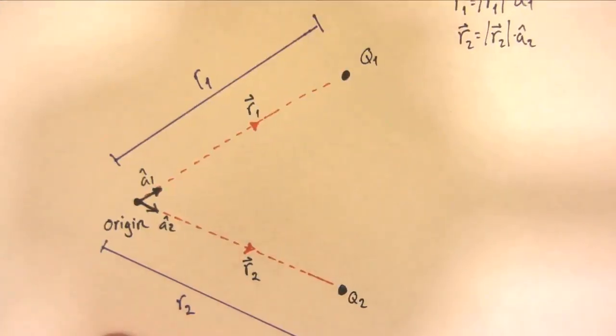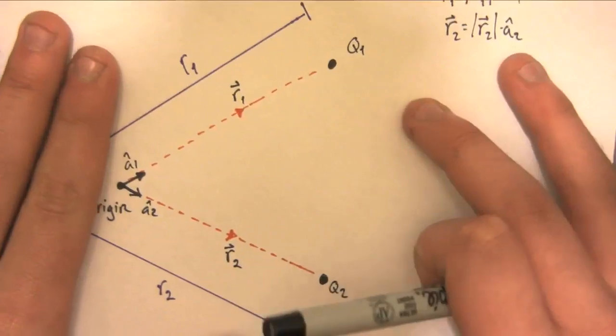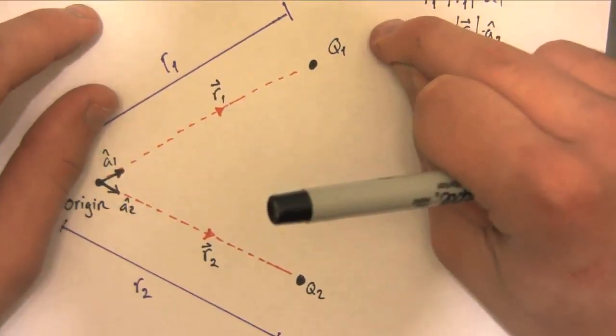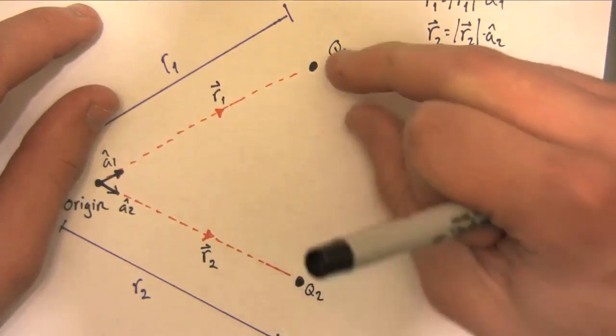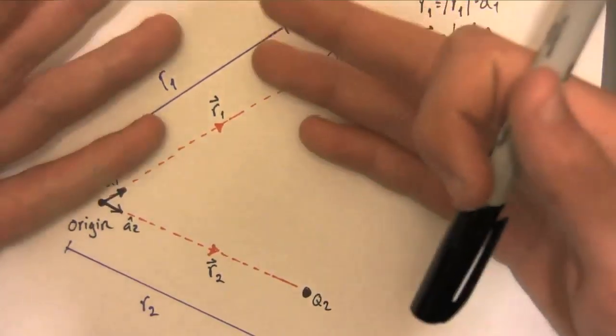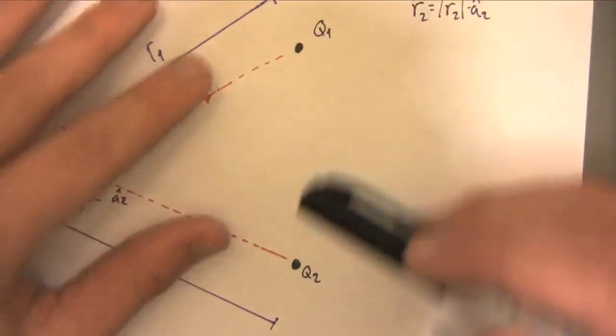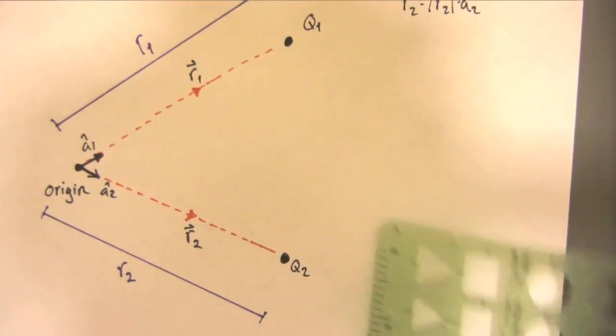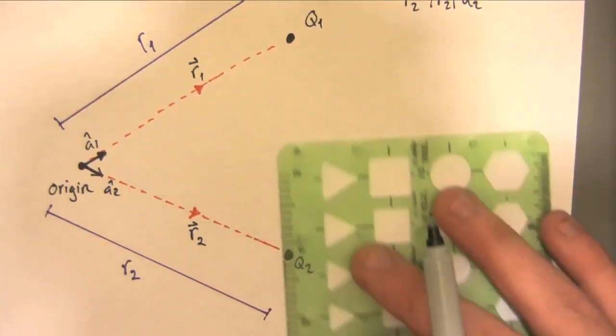Similarly, the whole point of showing this to you is that we want to find an expression for how Q1 is affecting Q2. So we're going to state our R vector as pointing in the direction of Q2. Meaning, if Q1 and Q2 are both positive or both negative, two positives make a positive.